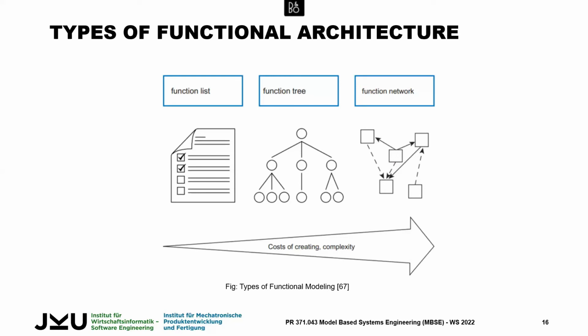And here he shows how the complexity increases during the design phase. When you list all your functions, it's quite easy. And when it goes to the functional network, it's a little bit complicated. But I personally think a designer is supposed to perform all three to have a very clear understanding of a function.